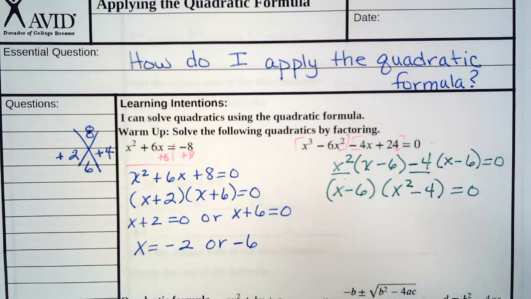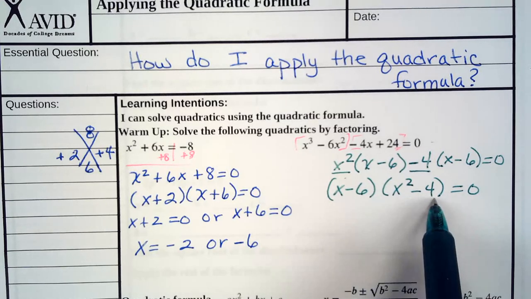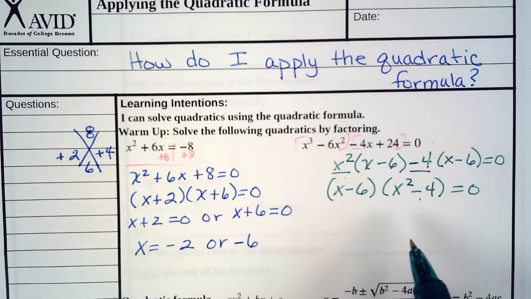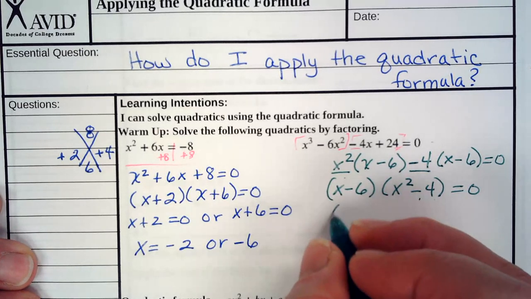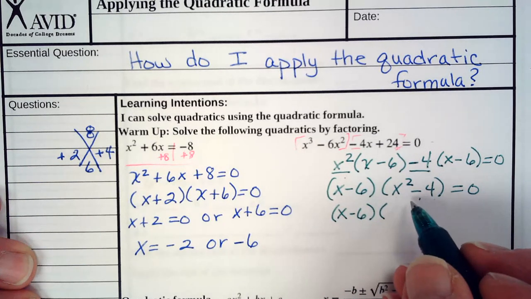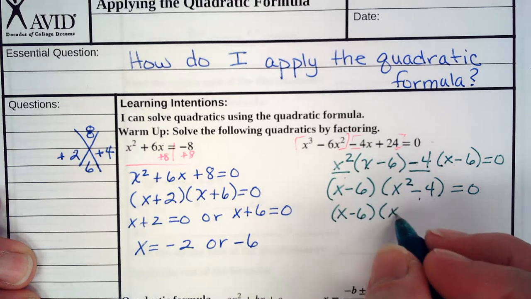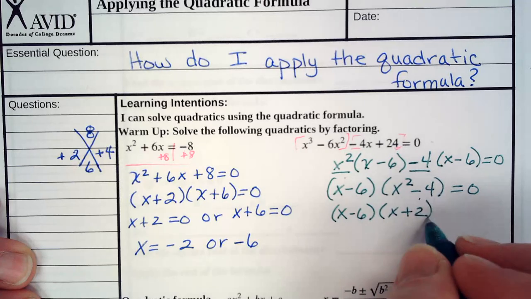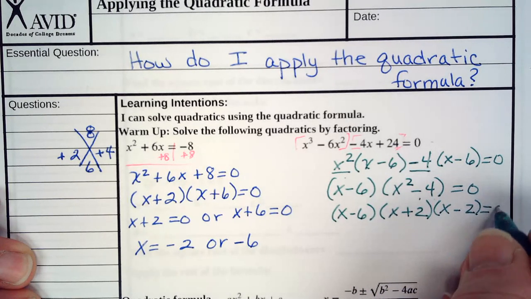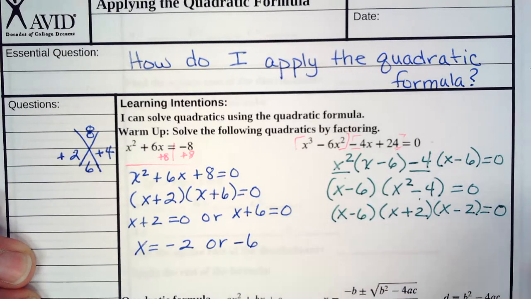No. Perfect square, subtracting in the middle, your difference of squares. So this is x minus 6, and then this breaks down to x plus 2 times x minus 2 equals 0.